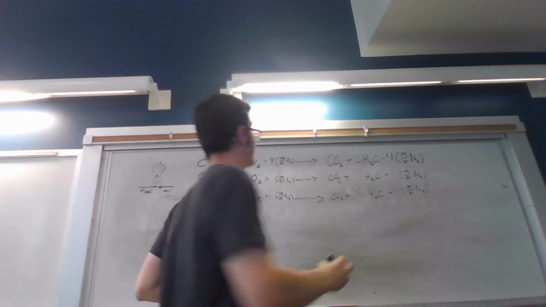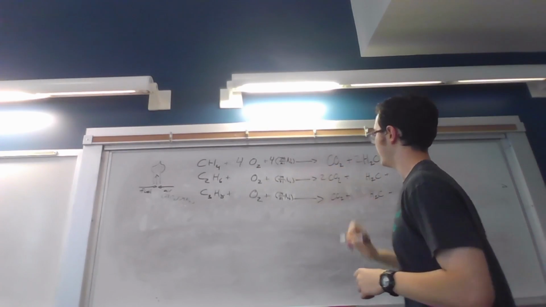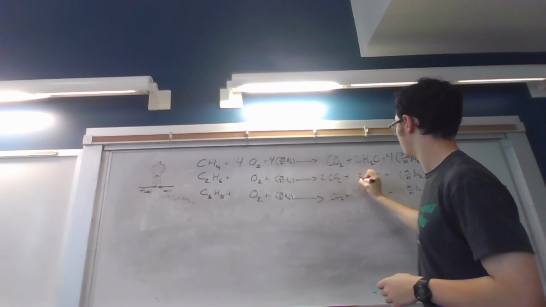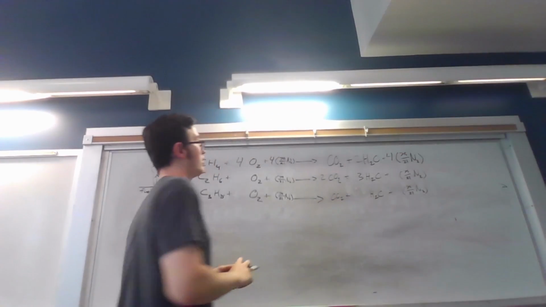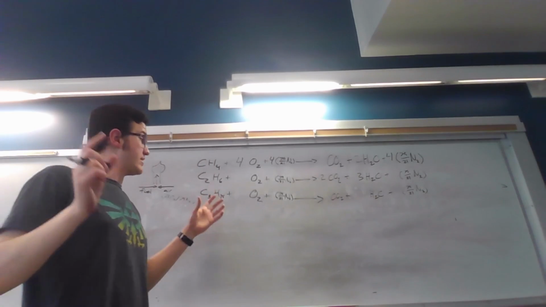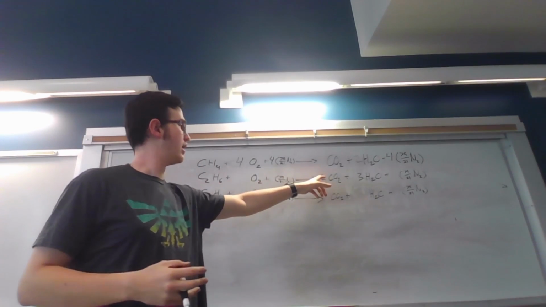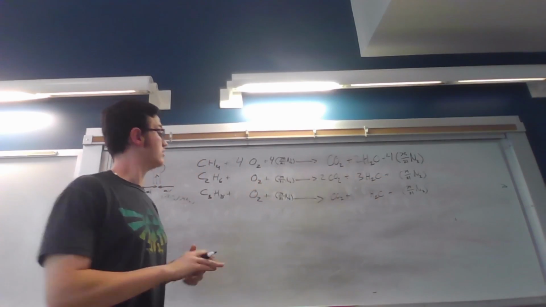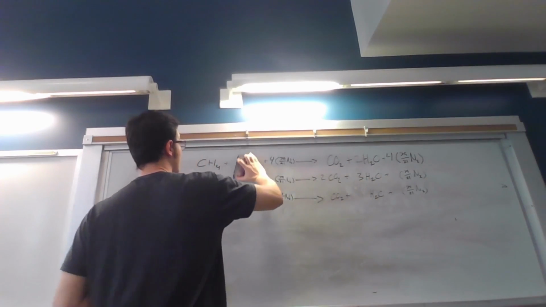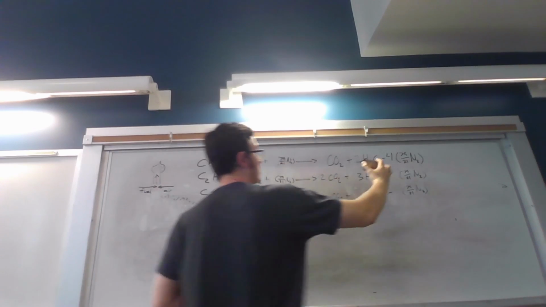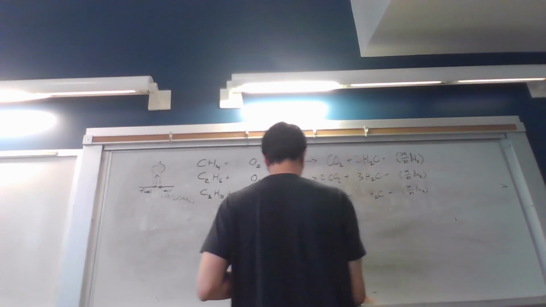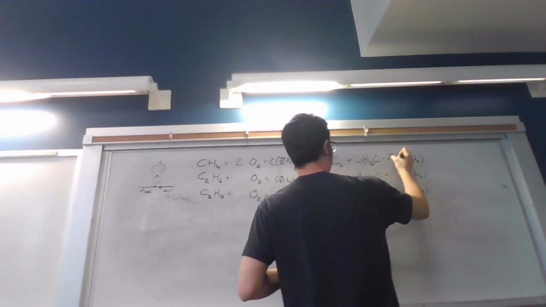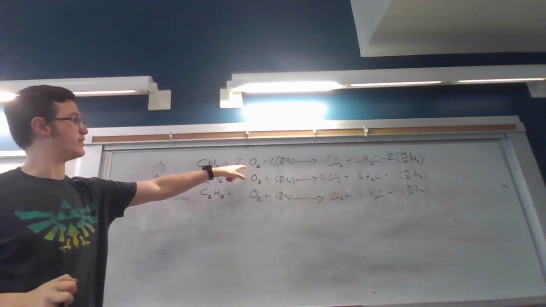So 2 carbons, which means that there are 2 carbon dioxide molecules. 6 hydrogens, which means that there are 3 moles of water. And that means that we have some amount of oxygen. So we have 2 times 2, 4, plus 3, 7. Oops, almost forgot. This is not 4, but this is 2, because this is multiplied by 2.